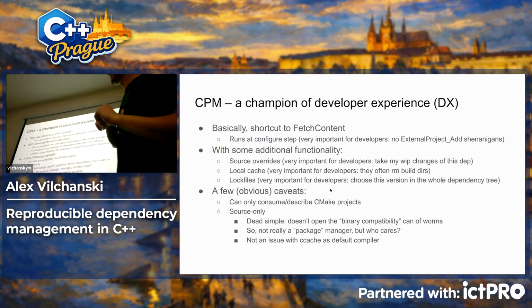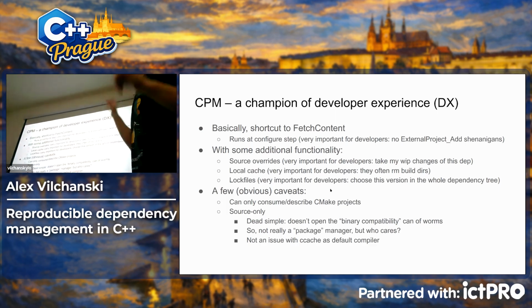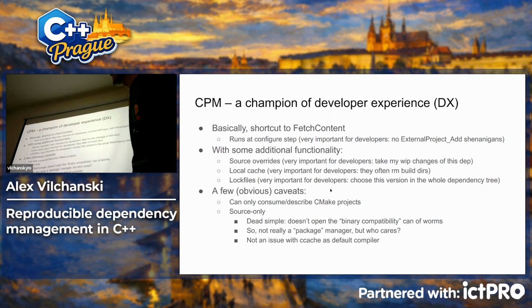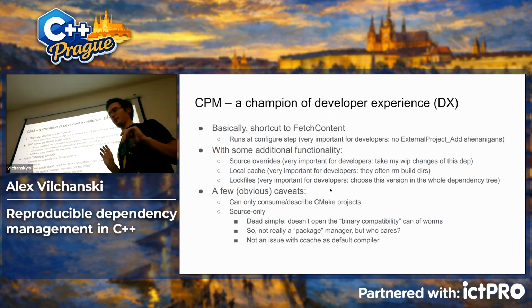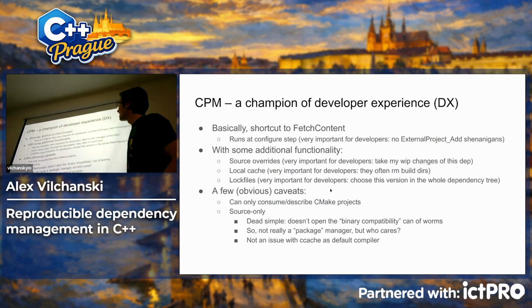basically, I've already covered some of that information about CPM, but specifically what I wanted to highlight is its usability for day-to-day development. So some of you who have developed projects, I don't know, like 5, 10 years ago, perhaps faced the same issue of dependency management.